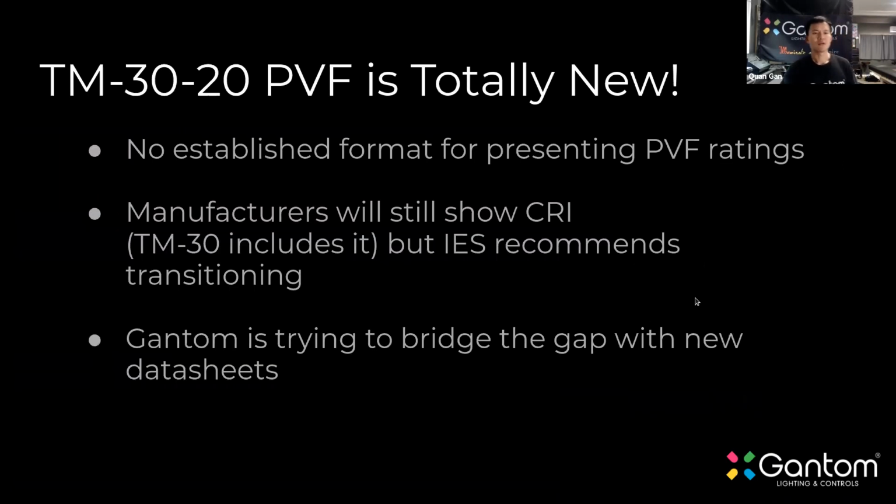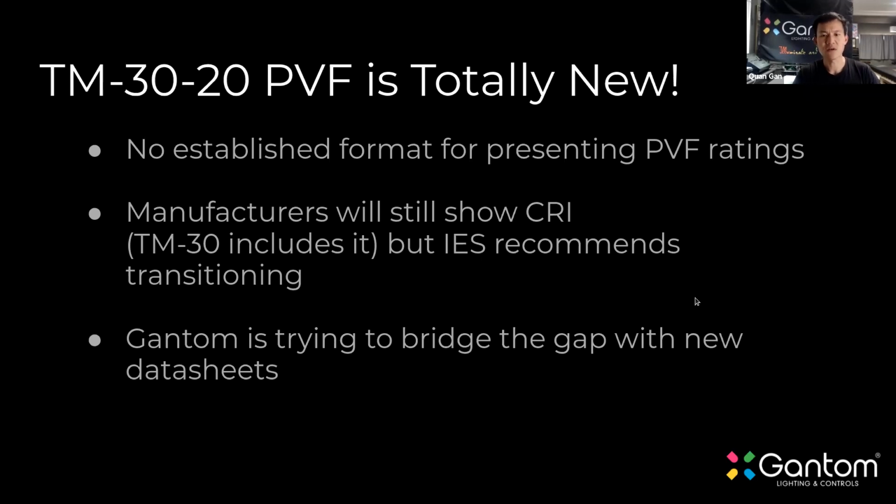Okay, so now I have to just really emphasize this, that the TM-30-2020 edition is totally new. It just was established last year. And so there's not a specific format for manufacturers to produce their PVF ratings for you. There is a standard for their TM-30 reports, like that full report I showed you earlier.